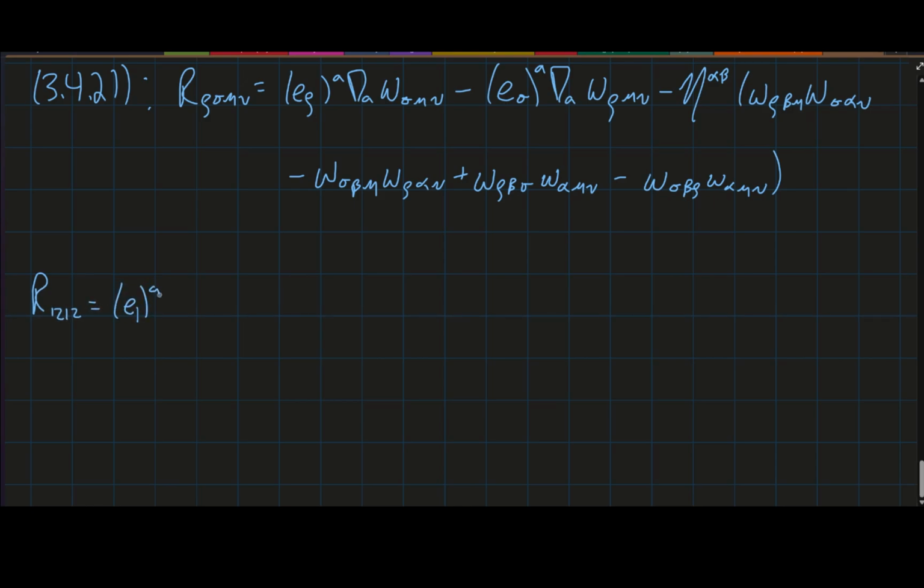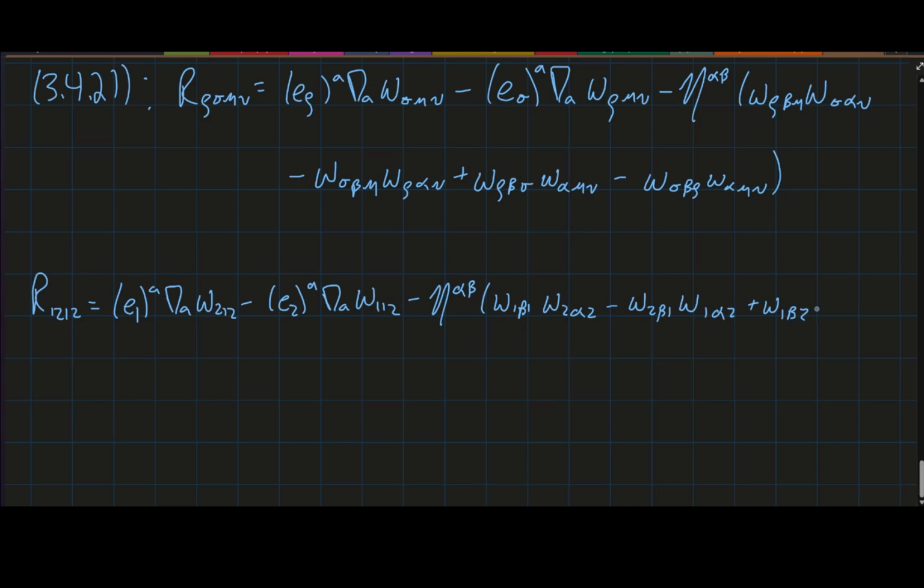So we get E1 A nabla A omega 212 minus E2 A nabla A omega 112 minus eta alpha beta omega 1 beta 1 omega 2 alpha 2 minus omega 2 beta 1 omega 1 alpha 2 plus omega 1 beta 2 omega alpha 1 2, and finally minus omega 2 beta 1 omega alpha 1 2.